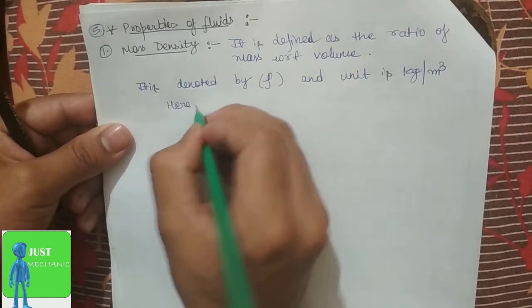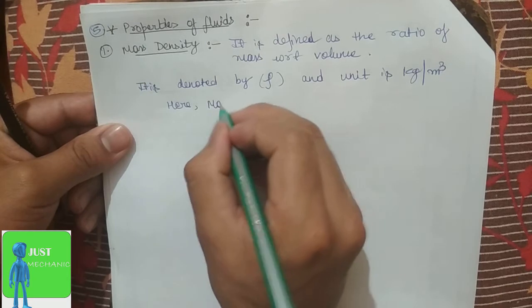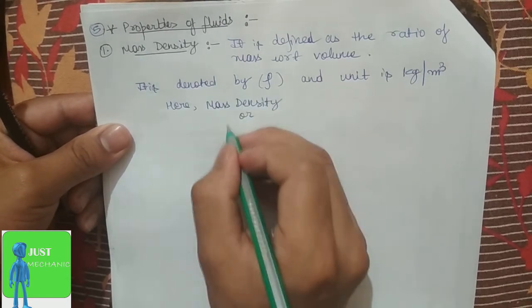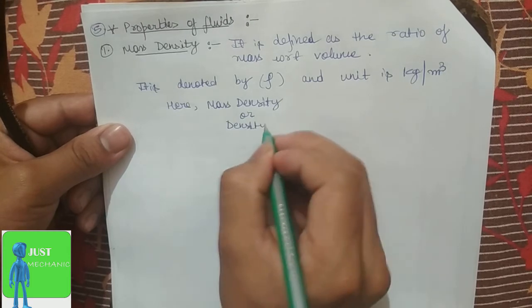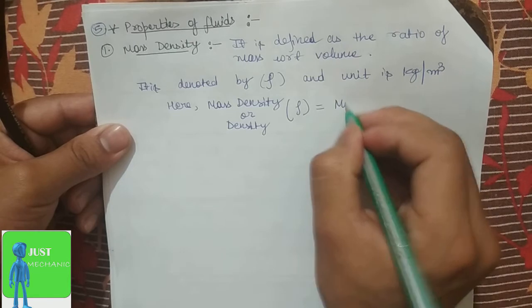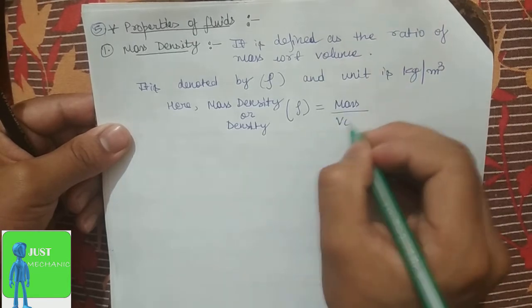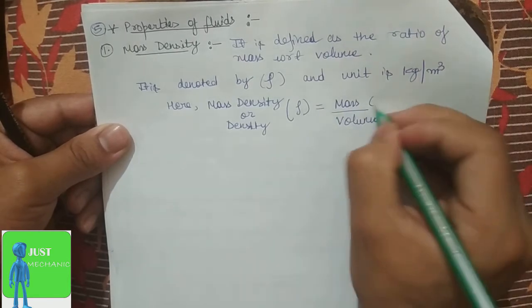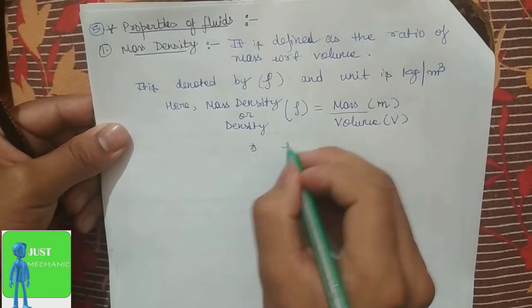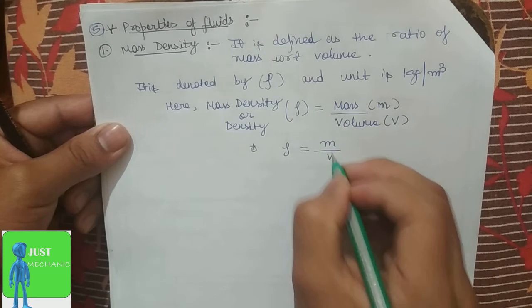Mass density's another name is density, or rho equals mass divided by volume. It implies density is equal to m by v.